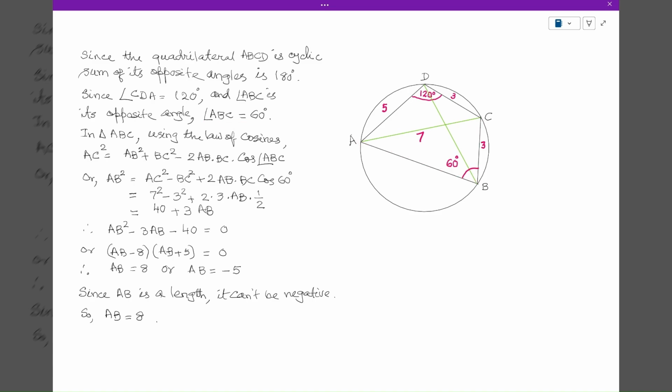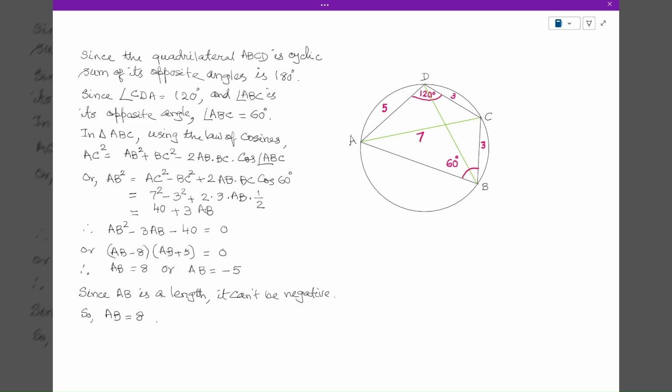Now in triangle ABC, that is in this triangle, we now know this side and this angle.